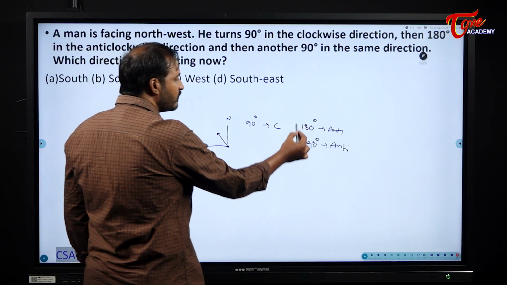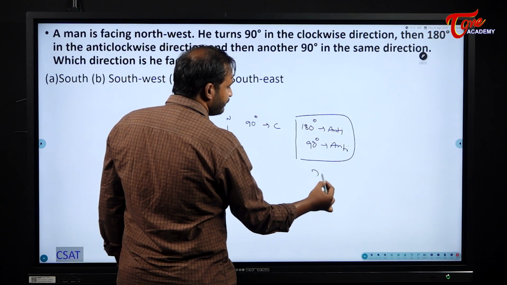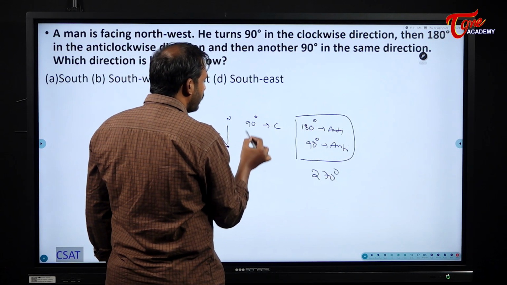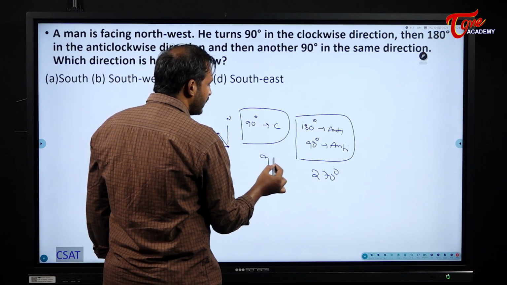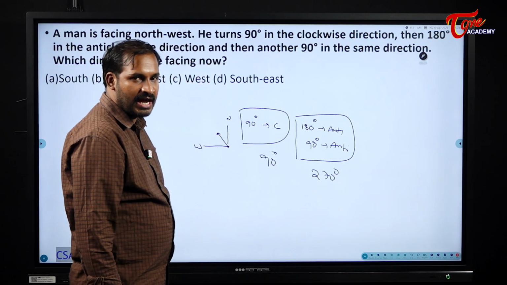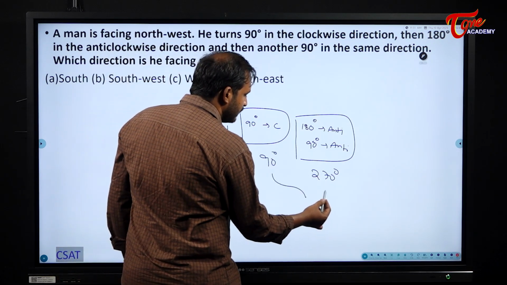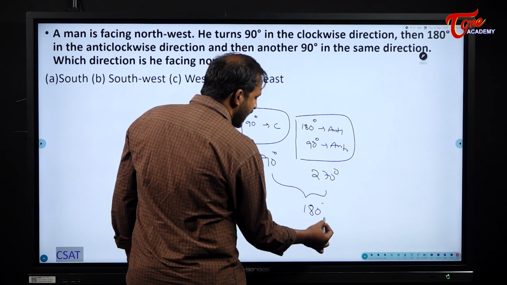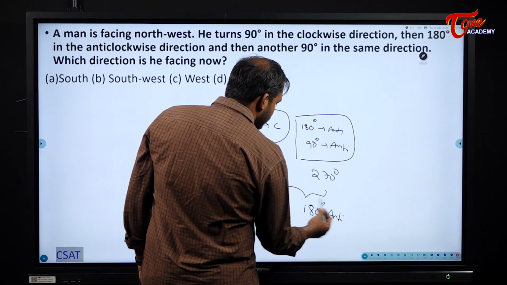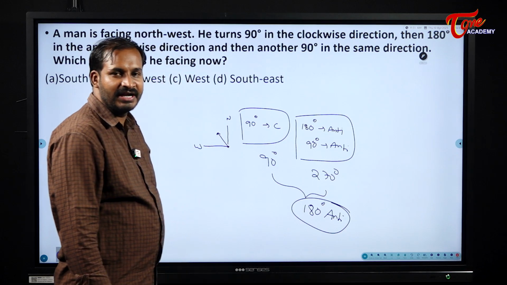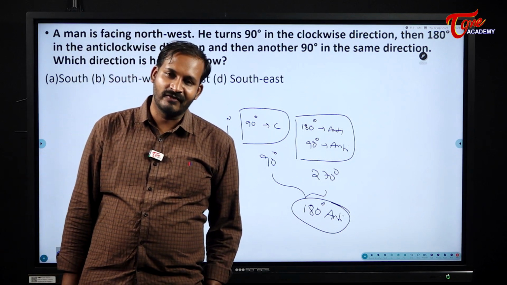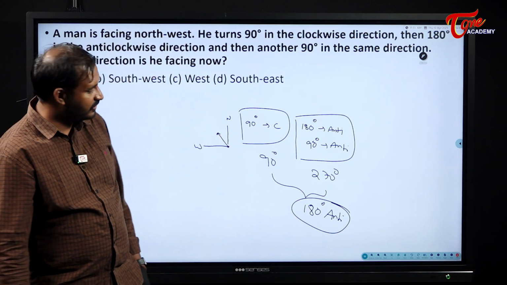Overall anti-clockwise how much did he travel? 270. Overall clockwise how much did he travel? 90. Now, 90 clockwise and 270 anti-clockwise. So effectively he will travel 180 degrees in anti-clockwise direction. In the case of 180, whether it is anti or clockwise, both will come to the same position, students. No need to worry.